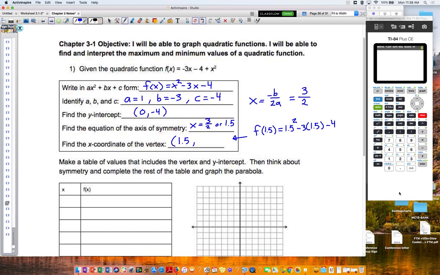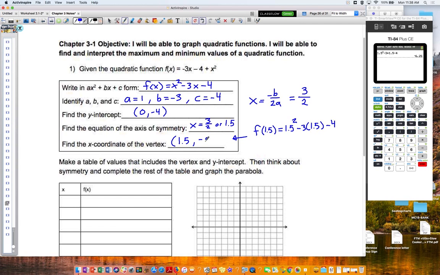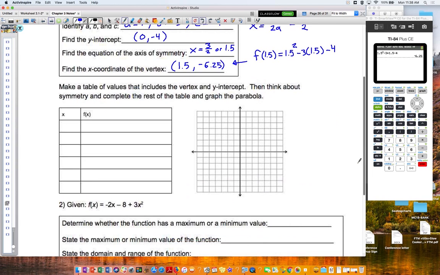You can plug that in your calculator. That gives me negative 6.25. That's very helpful for this next part because now I know where the vertex is located.